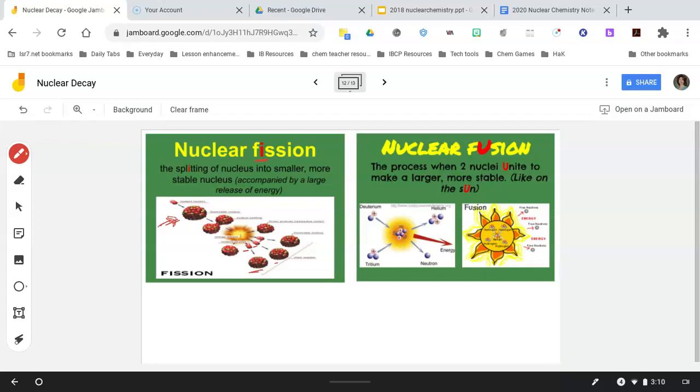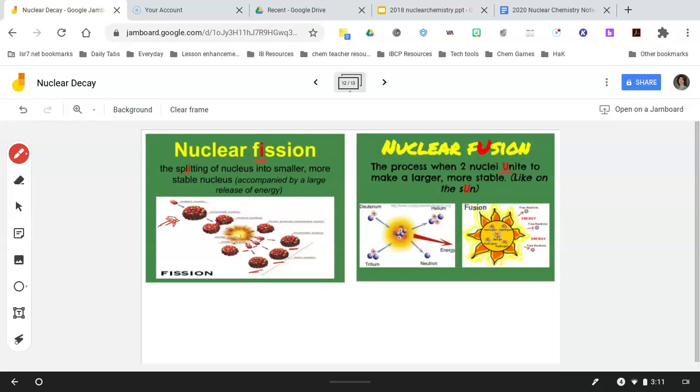And those neutrons go on and crash into another unstable nucleus. And each one of those unstable nuclei is going to split just like the one we started with, and they eject 3 more neutrons. And when that continues to happen, we call that a chain reaction. And that's what detonated some of those early atomic bombs. Fission is when they split into smaller nuclei. So those vowels may help you.